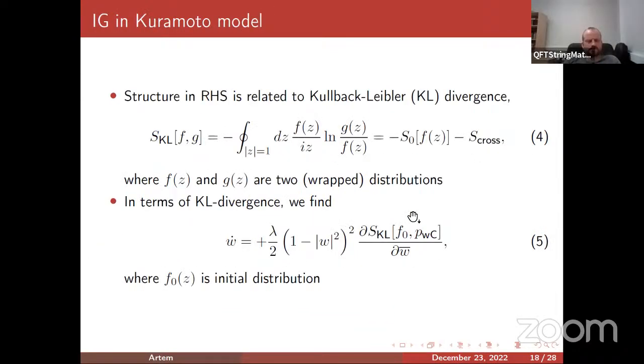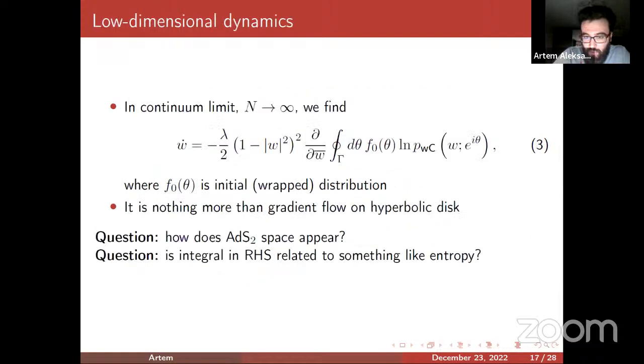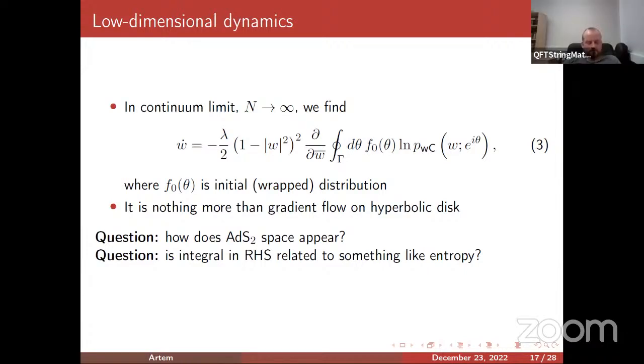Sorry, may I ask? I think I didn't catch. In what sense have you shown equation 4? We have shown that it is related to the Kullback-Leibler divergence, because it is purely the Kullback-Leibler divergence. It is the definition of the Kullback-Leibler divergence. But when you started, is it obvious that you should obtain this Kullback-Leibler divergence?